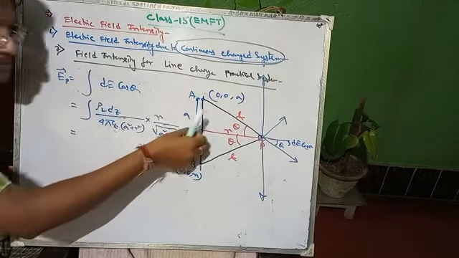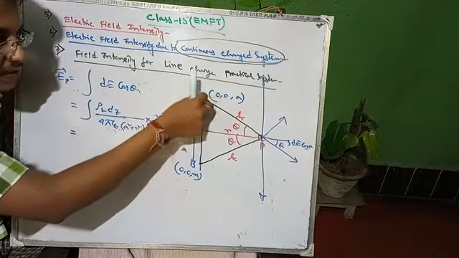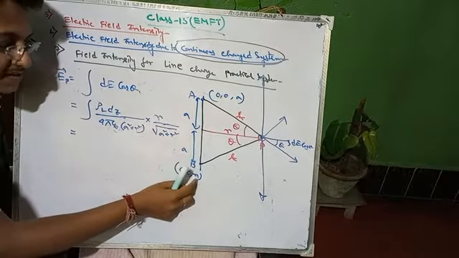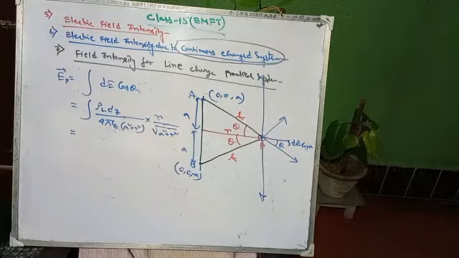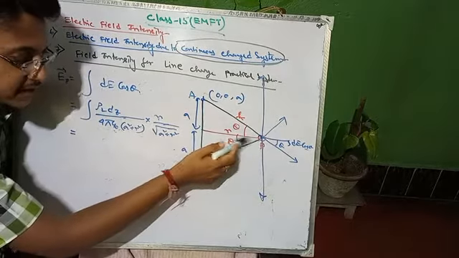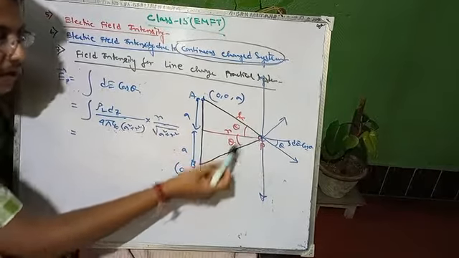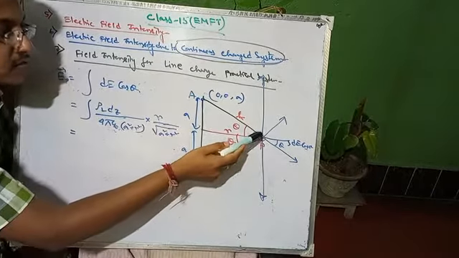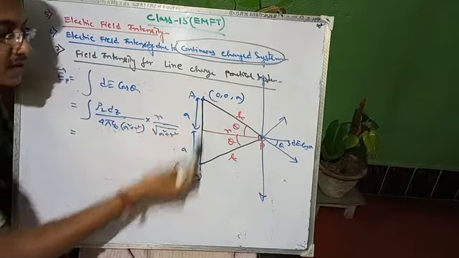So in between, the midpoint will be 0, right? Because 0, 0, a over here, and it will be 0, 0, minus a. So the midpoint will be exactly 0, 0, 0. That is, it is at the origin. So from that origin we are taking a point P which is distance r from the origin. And over here at this point we want to calculate the intensity due to this long wire.